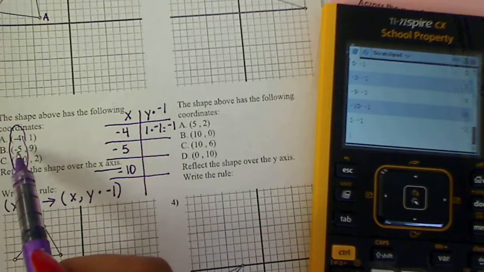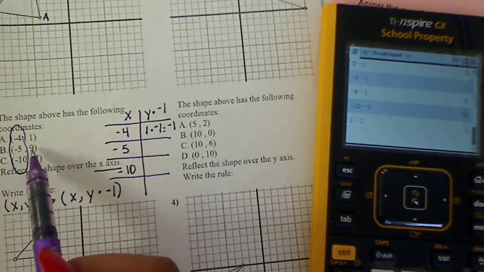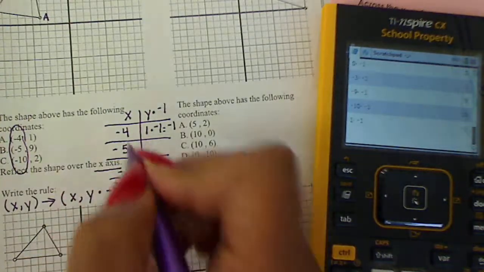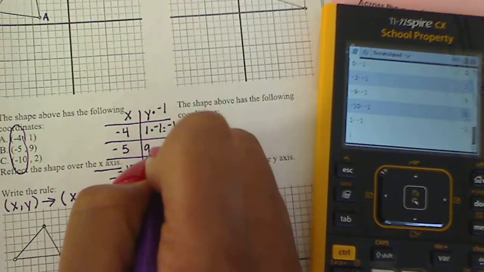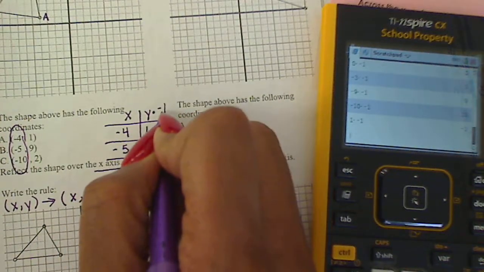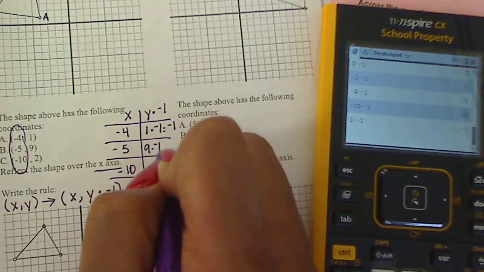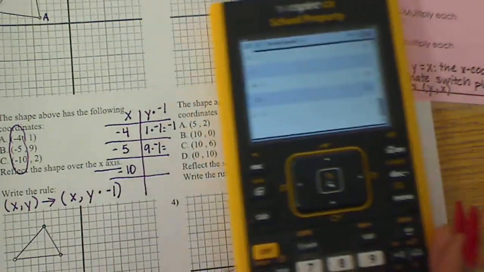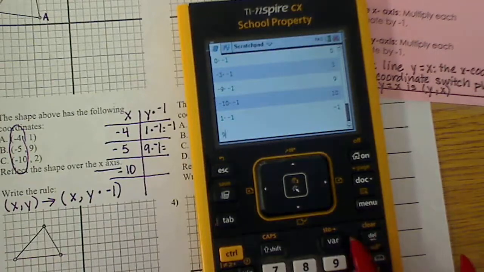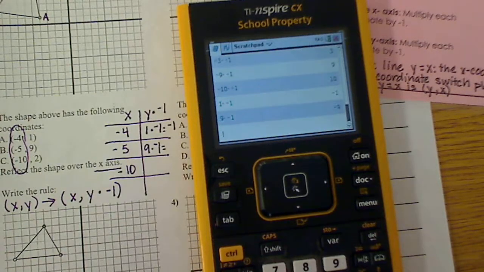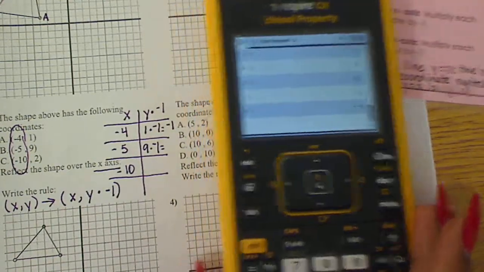Next, at point B, where x is negative 5, what's my y value? 9. So I have 9 times what? Negative 1. Put in the calculator. 9 times negative 1 is what? Negative 9. Are we noticing a pattern?